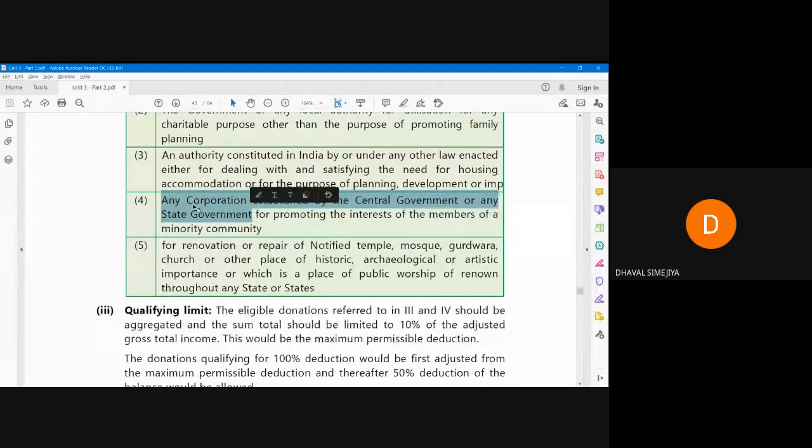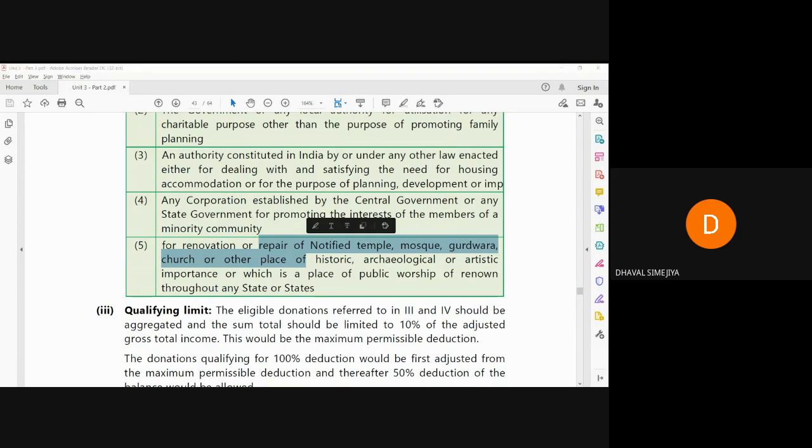Fifth one, for renovation or repair of temple, mosque, gurudwara, church, or any other place of historic, archaeological, or artistic importance, or which is a place of public worship of renown throughout any state or states. So if you donate to these, it will be allowed as deduction.